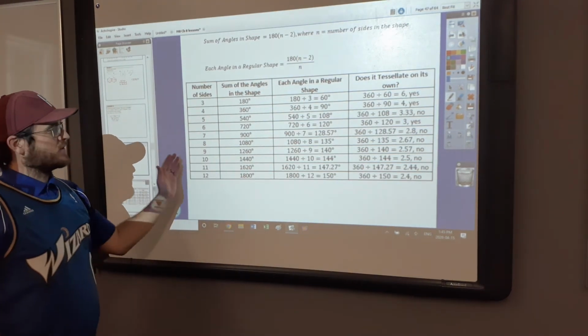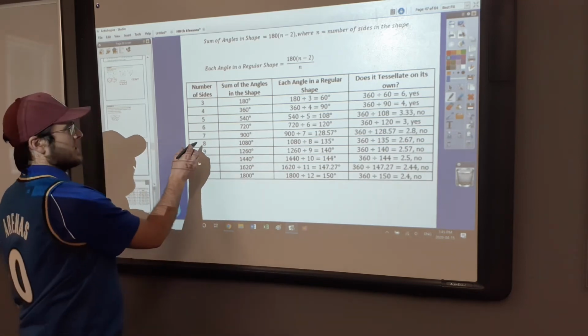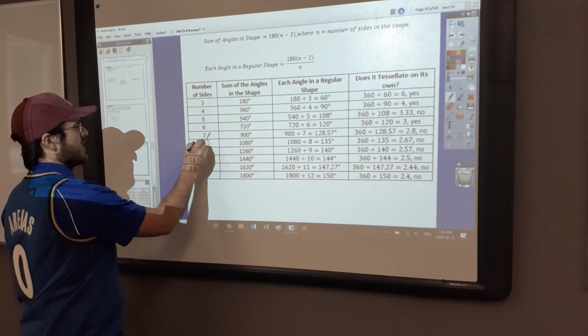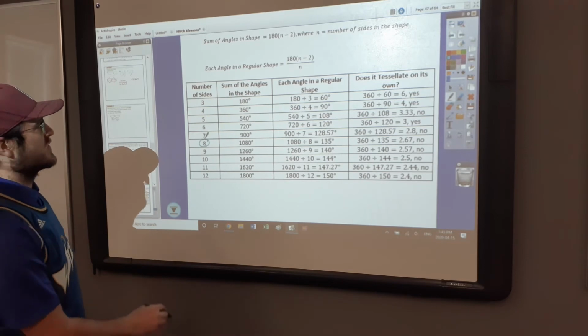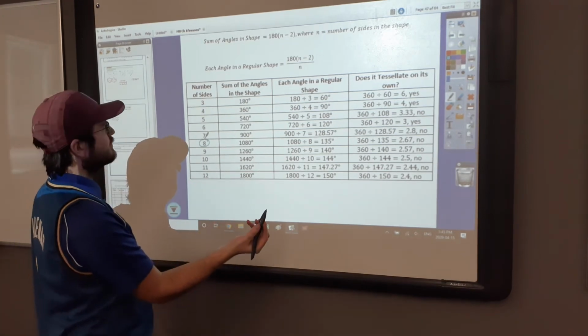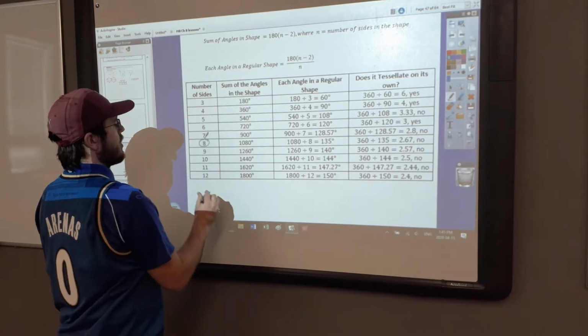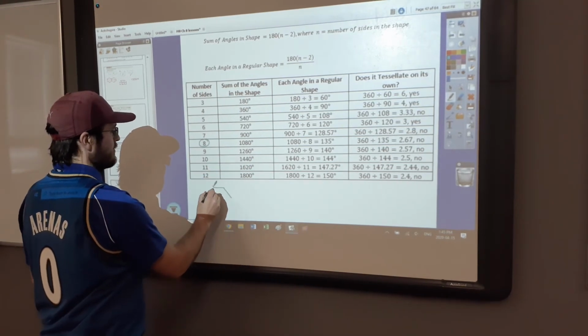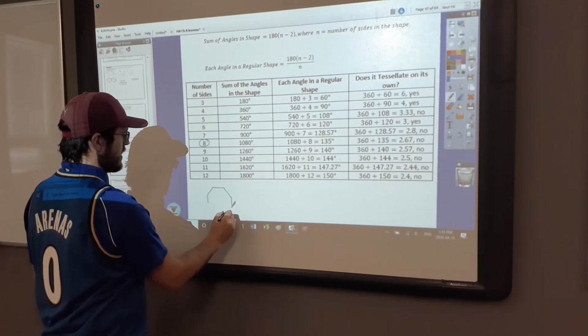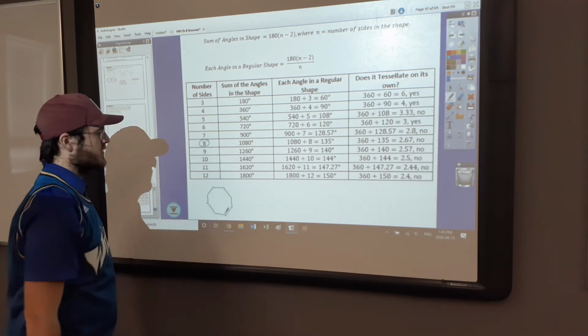Okay, so I'll just take you through this with, let's say, this example with an 8-sided shape, and it'll probably be easier if you just see this formula being used. Okay, so we plug this in. If I want to know the sum of all the angles in an 8-sided shape, so here's my 8-sided shape, or in other words, an octagon.